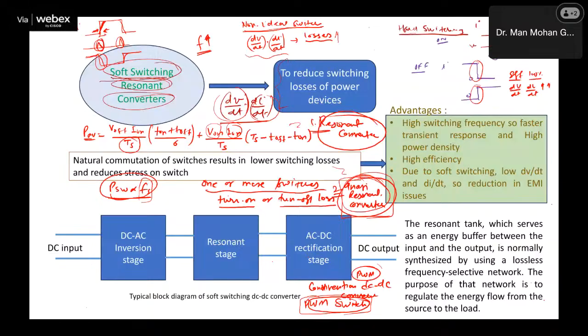It's not fully resonant. The nature of the switch is PWM, but resonance also occurs for a short interval in that switch. So it is called a quasi-resonant converter, and these converters we will be discussing. So what is basically being done in these soft switching converters, DC to DC?